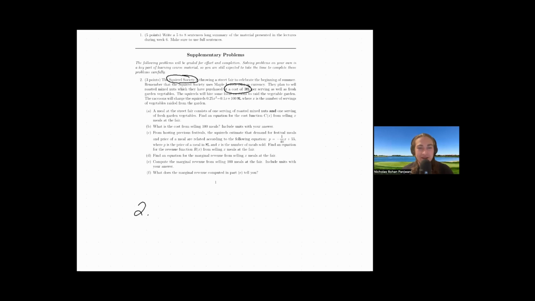Raccoons will charge the squirrels for the number of vegetables. Both of these are going into the cost of what we see in part A as a serving of roasted mixed nuts. One serving of roasted mixed nuts and one serving of fresh garden vegetables consists of a meal.